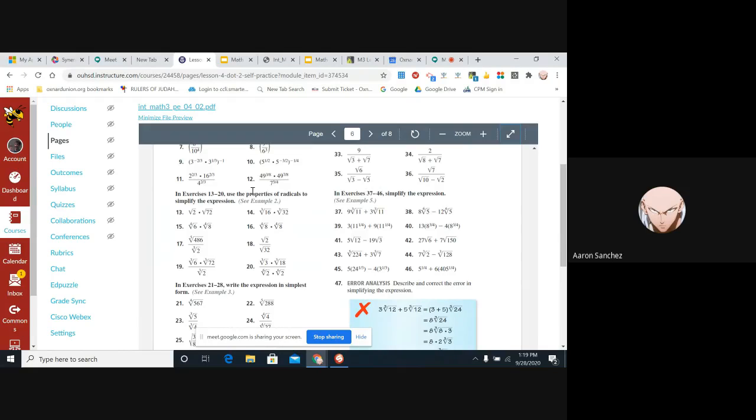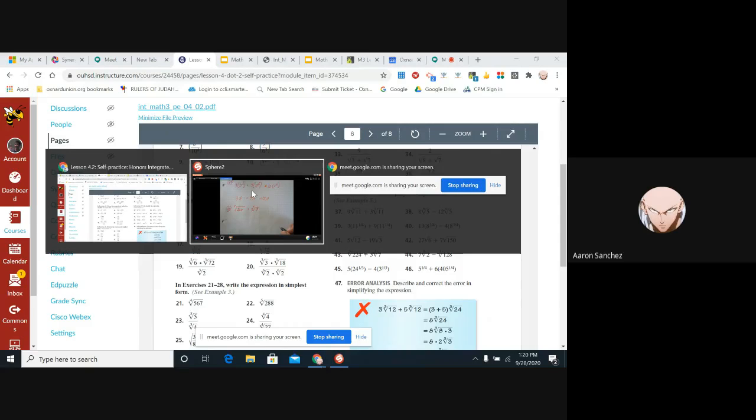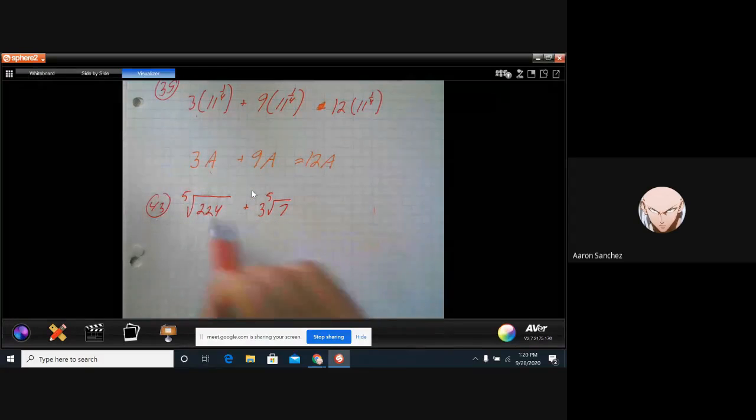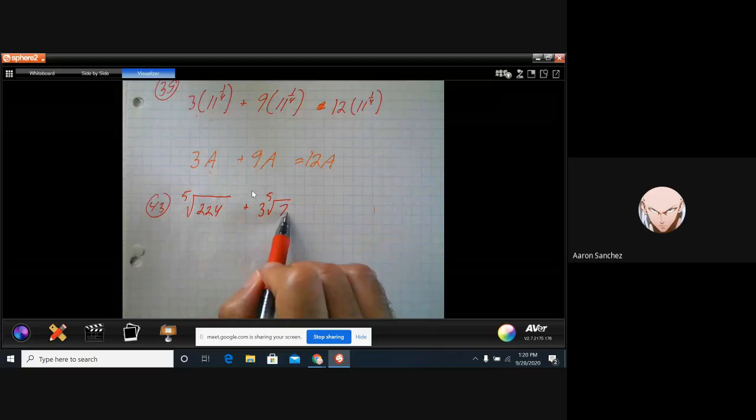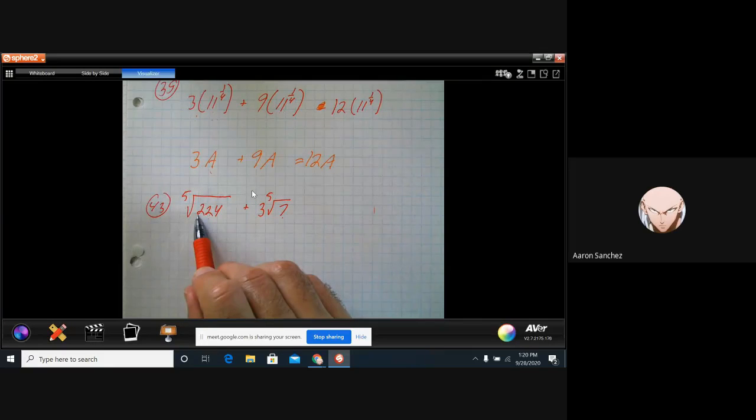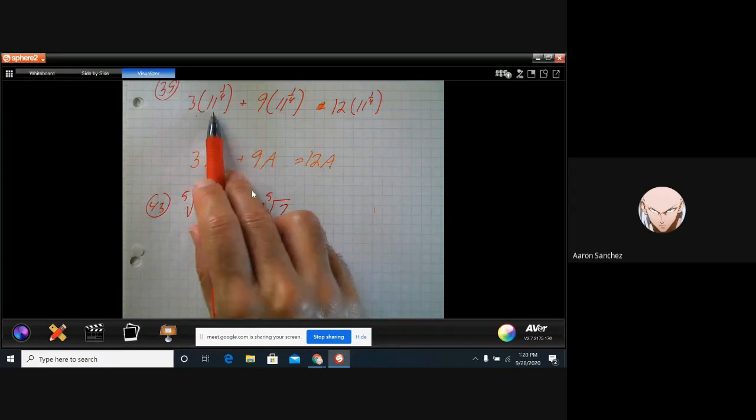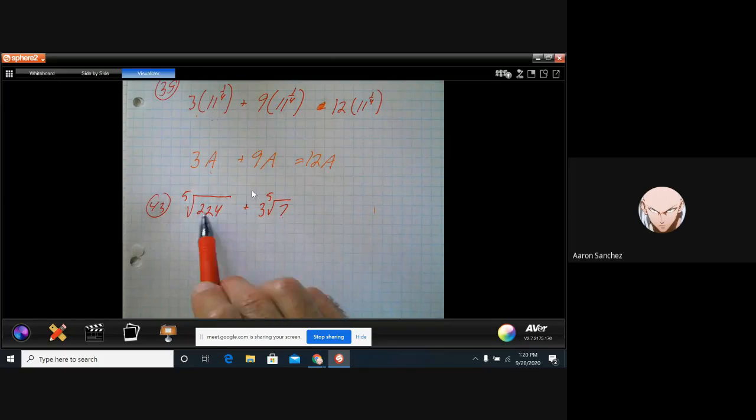Let me write it down so you can see: 5th root of 224 plus 3 5th root of 7. Remember, in addition, you can only add them if the radicals are the same. These are different. If this were 5th root of 7, then I could add them, but it's 5th root of 224.